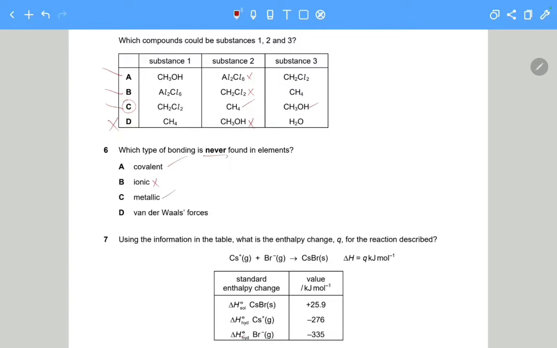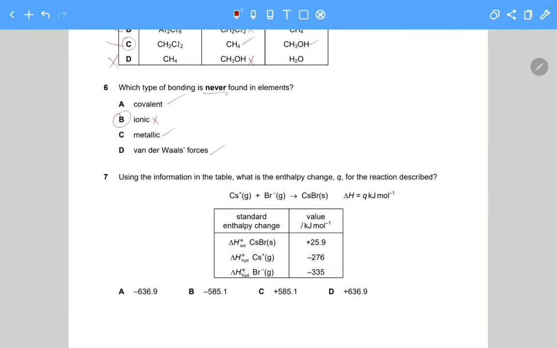Metallic, all the metals. Van der Waals forces, again argon, the noble gases, all the diatomic gases, we'll find these van der Waals forces. So the answer is B, which is ionic compounds, never found in elements.